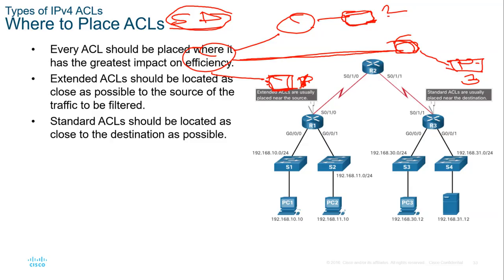But still in our extended, there is what we call the direction, that we expect our access control list on this router. But is it going to be on the exit or on the incoming interface?